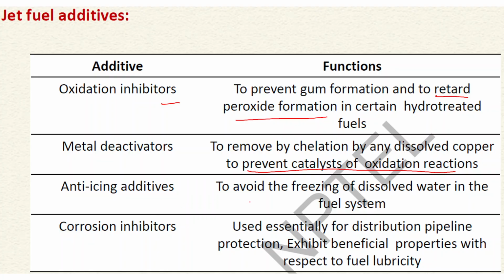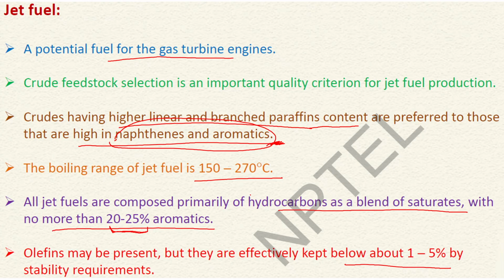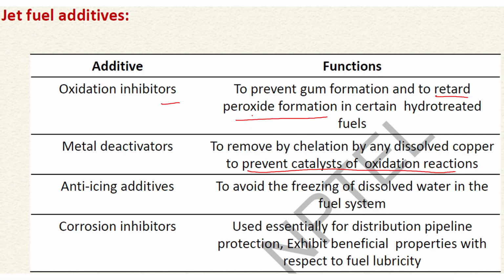Then anti-icing agents. As I told, this jet fuel consists of higher linear and branch paraffin. High linear paraffins, as I told, are a composition of waxes. If there are long chain paraffins present in the crude oil, then there is the presence of a large amount of waxes.